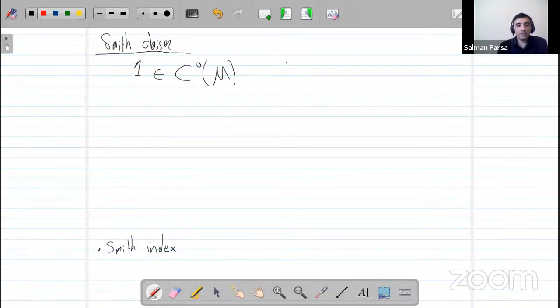And we can see that d times 1 is the 0 cochain, because every edge has 2 vertices with opposite signs.